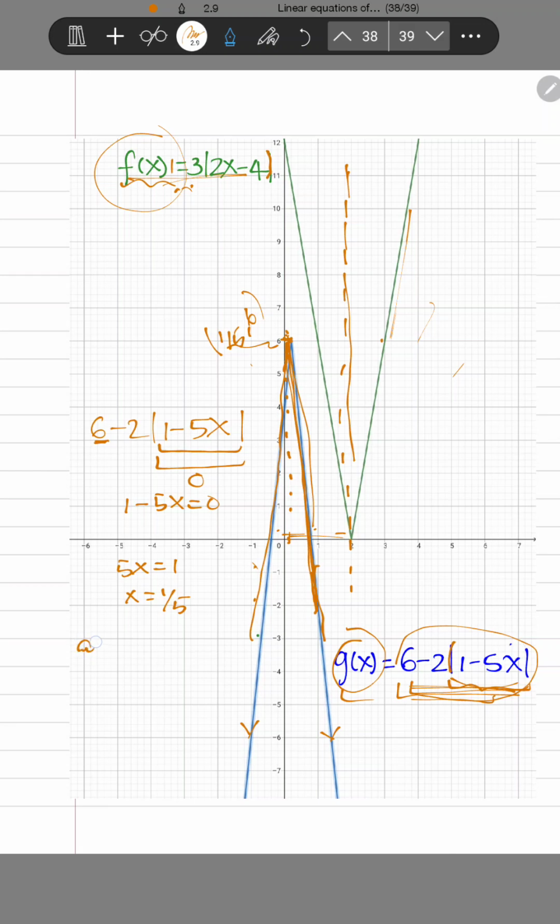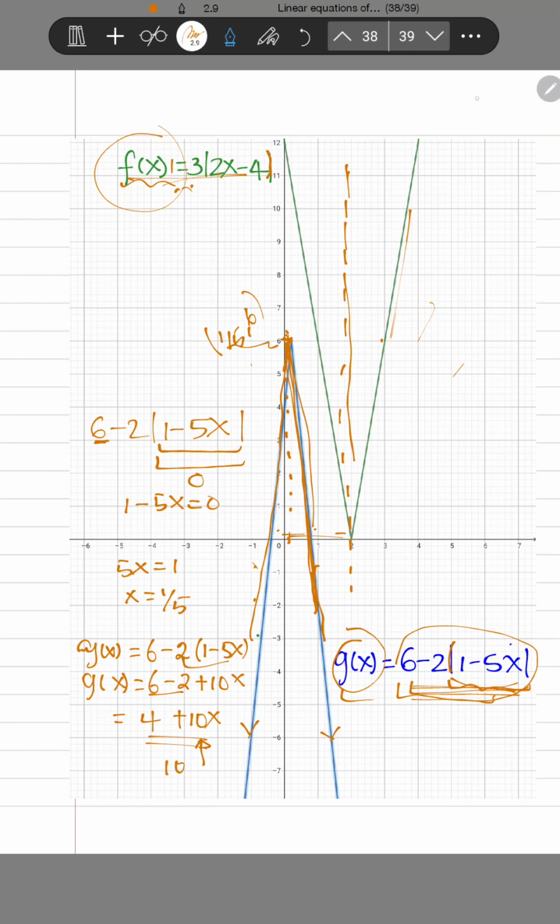So g of x is equal to 6 minus 2 times (1 minus 5x). g of x is equal to 6 minus 2 plus 10x, which is equal to 4 plus 10x. Something like this is what the graph looks like when we consider the linear part on one side of it only. The slope of the graph is 10.